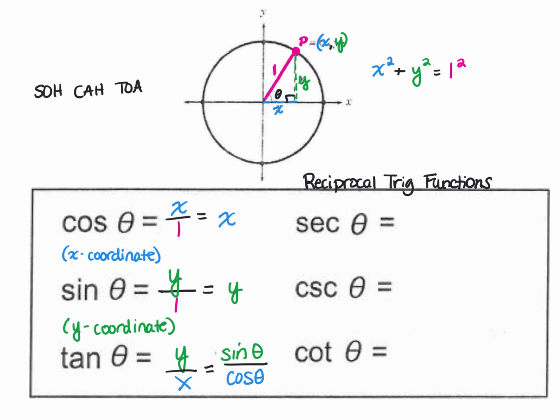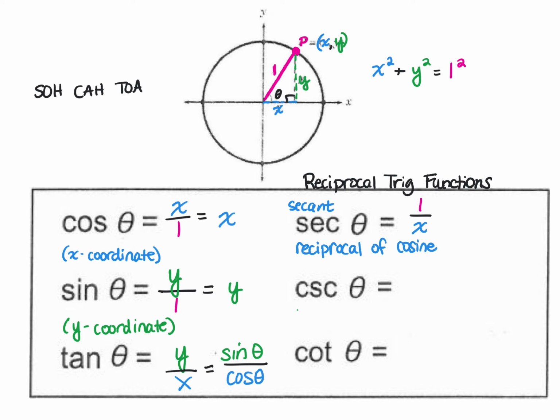So secant is just going to be the reciprocal of cosine. And this is pronounced secant. Okay, so secant is the reciprocal of cosine. Now you can write that as 1 over x, or you can just think of it as the reciprocal of cosine. Either one of those is fine.